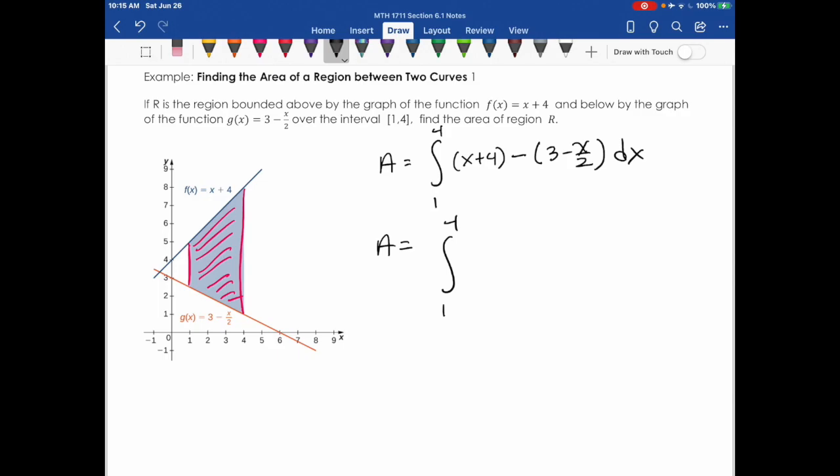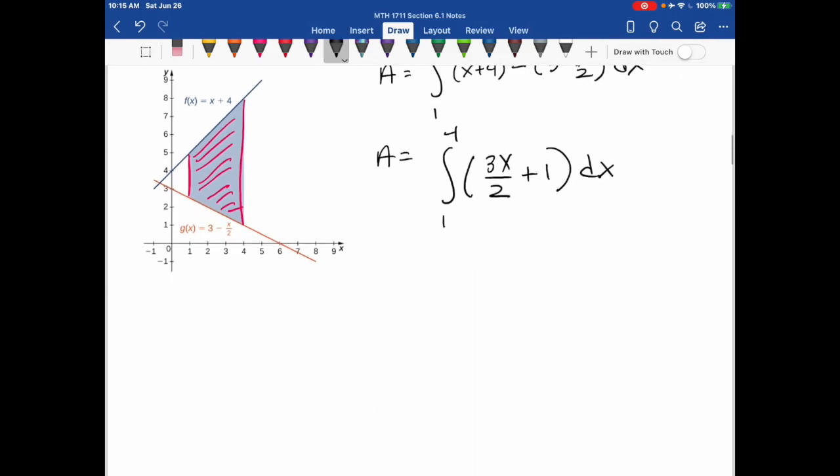When I simplify this, it always makes it a lot easier to find the integral when you simplify first if you can. When I combine these terms and clean it up, I'm going to get the integral of 3x over 2 plus 1 dx. I'm going to find the antiderivative of 3x over 2 first.